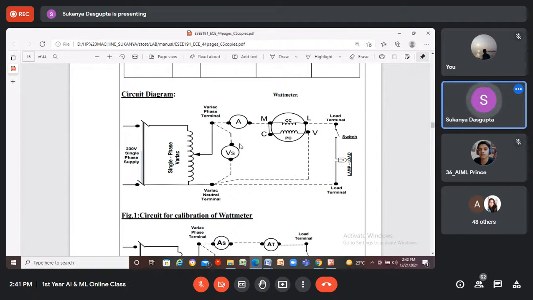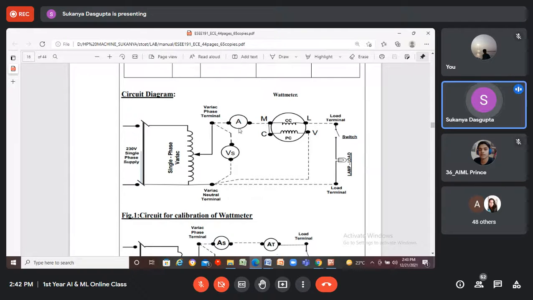And it is required always to connect the ammeter in series with the main circuit, and the voltmeter in parallel with the supply side, right? Because what is the internal resistance of the ammeter? It is 0.